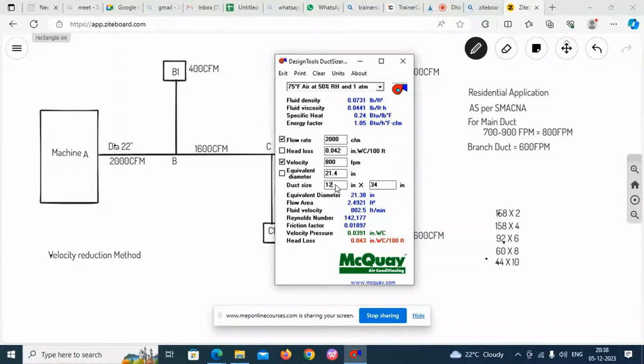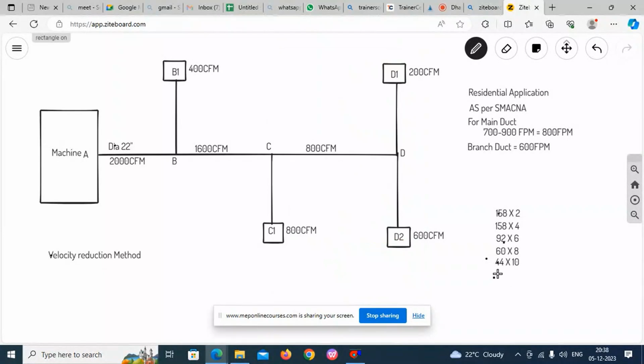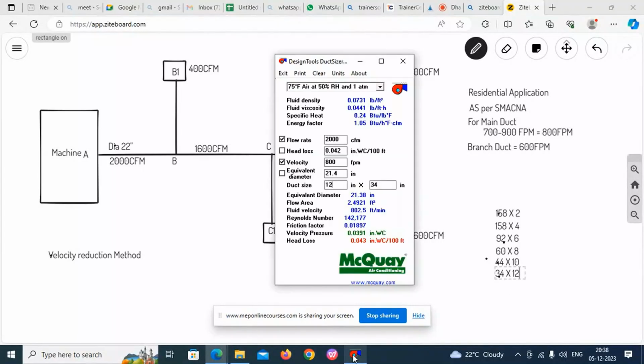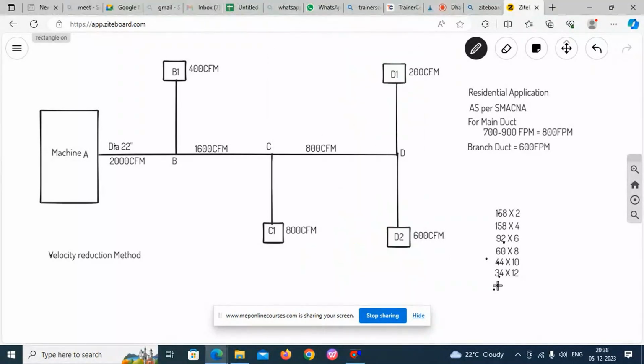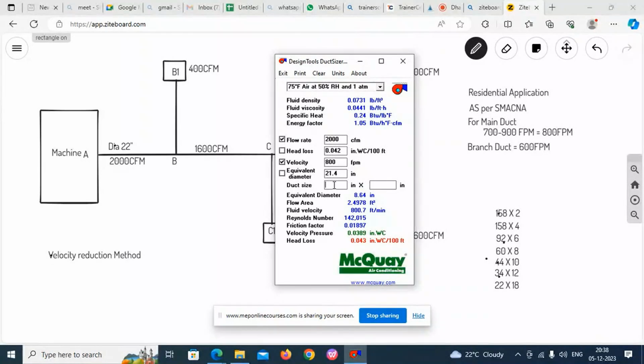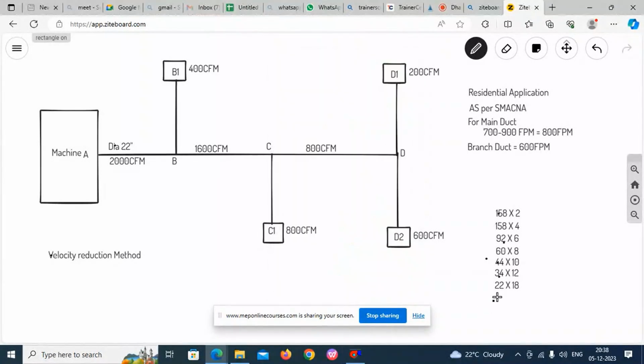Then 12: 34 by 12. Then 18: 22 by 18. Then 20: 20 by 20.